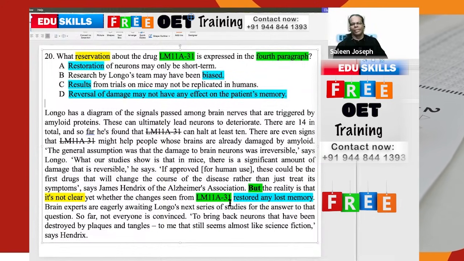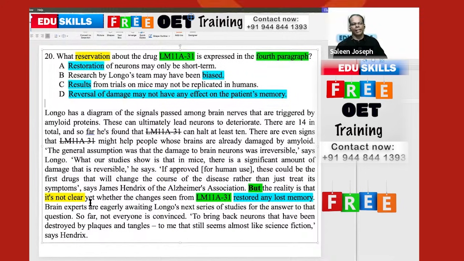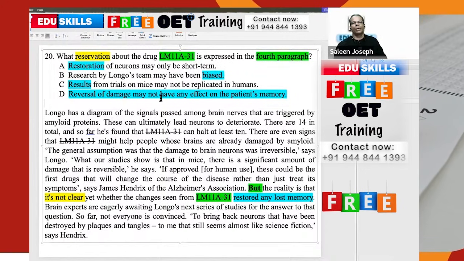So you see, you have straight away gone to that name. Reversal of damage may not have any effect. It's not clear whether it will restore the memory. Suspicious, reservation. Is it clear? So D is the answer.